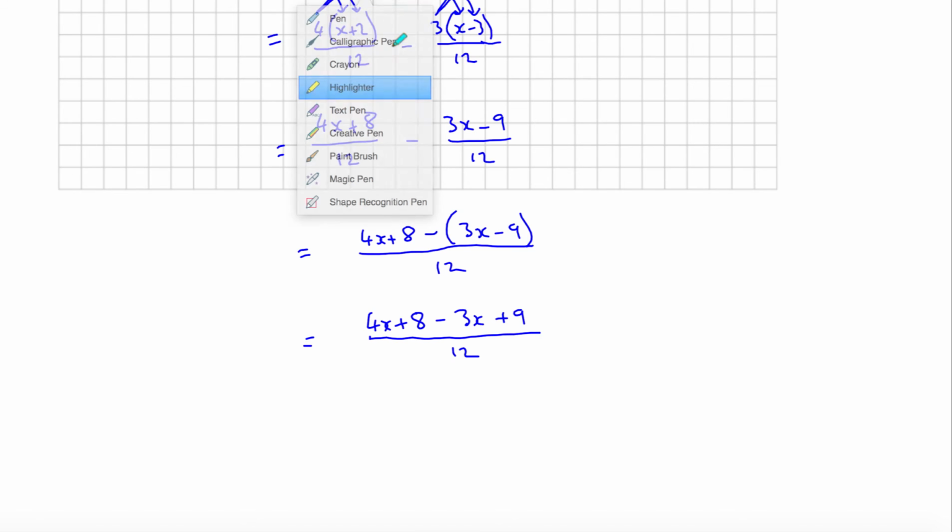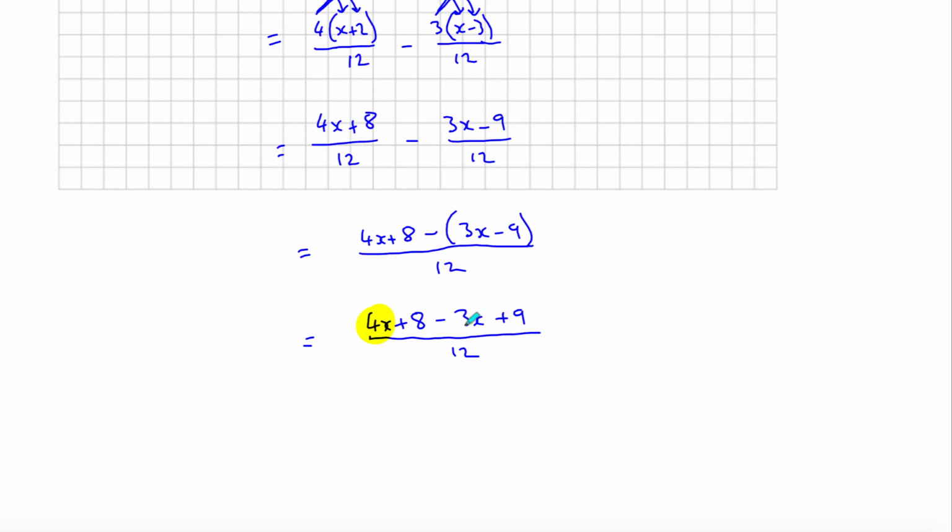All we need to do now is tidy up a bit, and we can see that the 4x and the −3x can go together, and then the 8 and the 9 can go together. So that's going to leave us with 4x − 3x, which is just 1x or x, and 8 + 9, which is 17, and that's all going to be over 12 still. And that is it now. You cannot add 1x and 17, because that's x's and a constant, and it's all over 12, so that's the final answer.